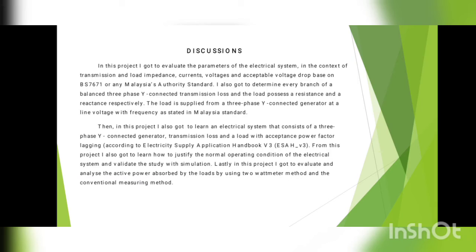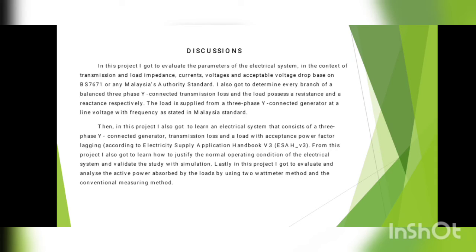Then, in this project, I also got to learn an electrical system that consists of a three-phase wire-connected generator, transmission loss, and a load with acceptance power factor lagging, according to the Electricity Supply Application Handbook V3, ESAH V3.